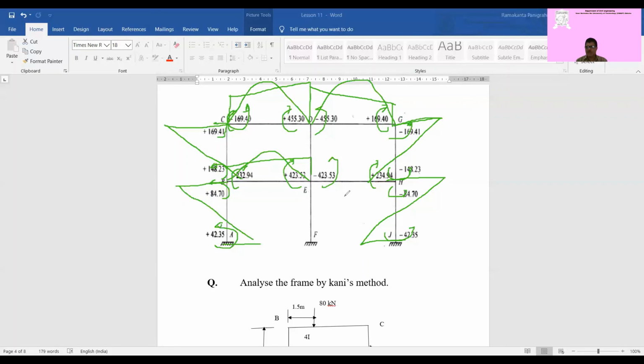In the non-sway frame, either you can do the whole frame, or you can also do these problems by axis of symmetry. Either the axis of symmetry passes through the beam, or the axis of symmetry passes through the column.